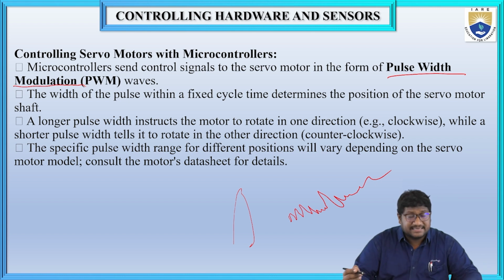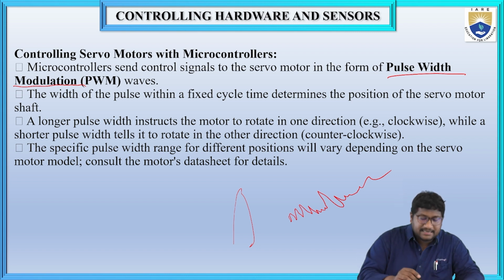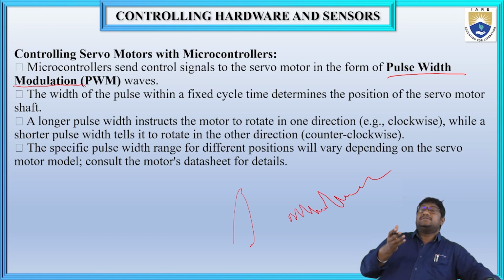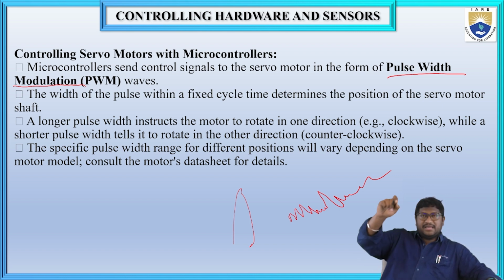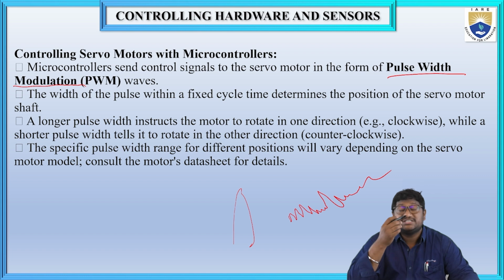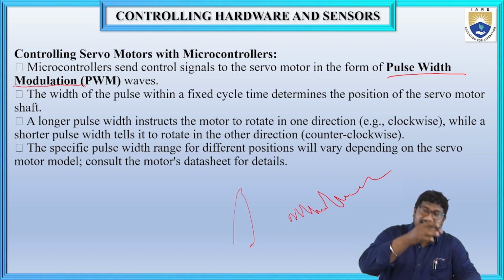Coming to the next factor, the width of the pulse, which is a fixed time cycle of this servo shaft. There are no longer instructions passed to the motor, because it functions in a single direction only, no multiple directions. This is clockwise and this is counterclockwise. Got it? Whenever you get a shorter pulse, it tells you to rotate in the other direction.